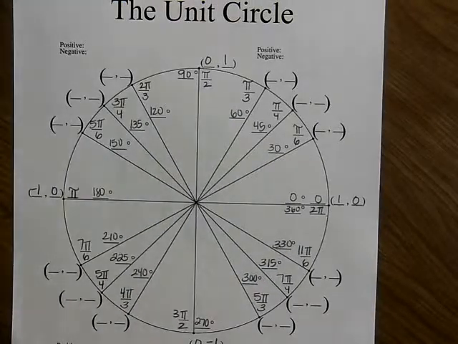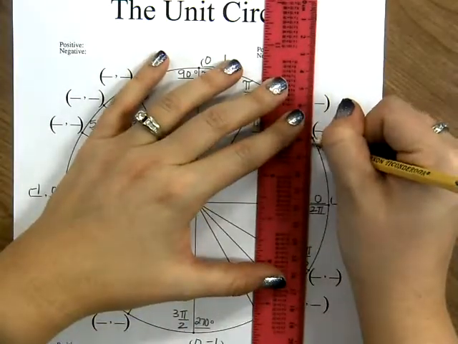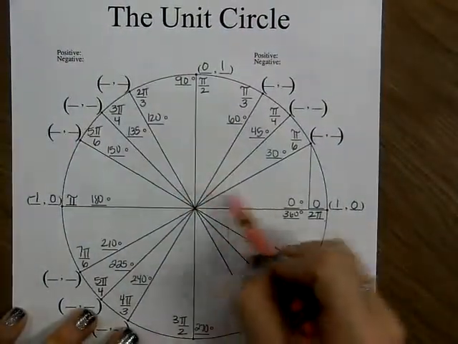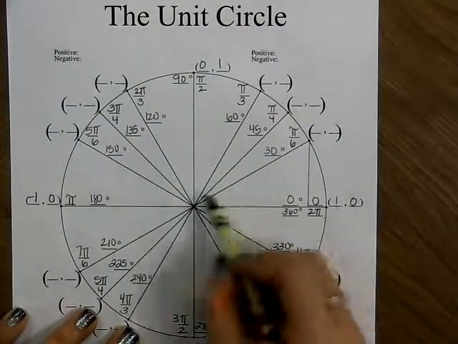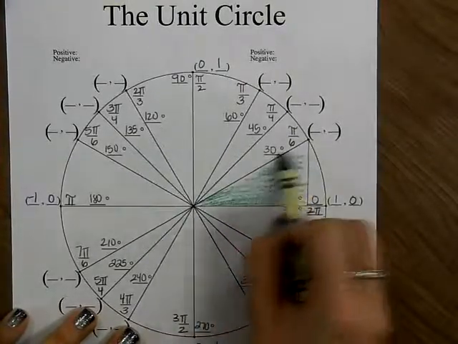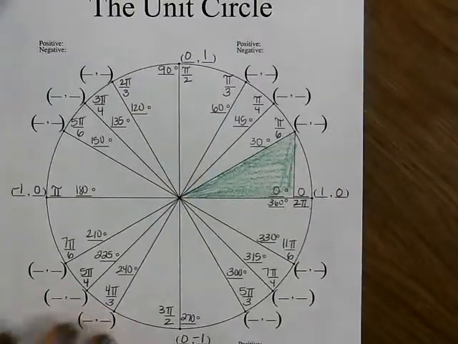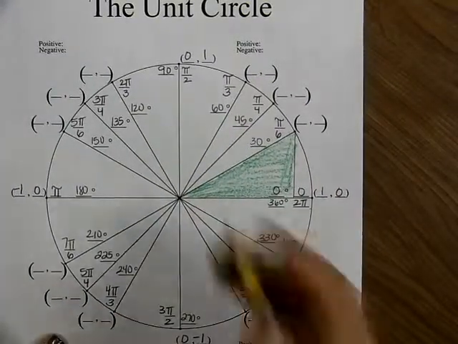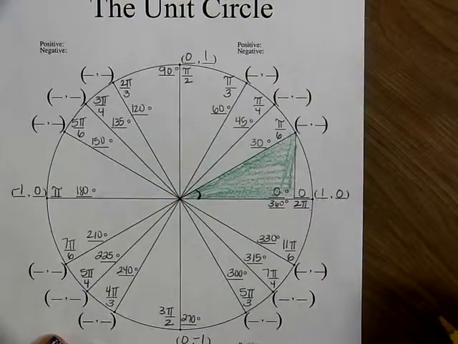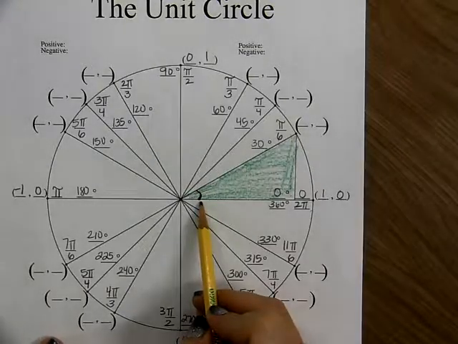And this is where the super cool part comes in. So now take your ruler, and I want you to drop a line down here. Do you see this triangle right here? What is this angle? Stop coloring.